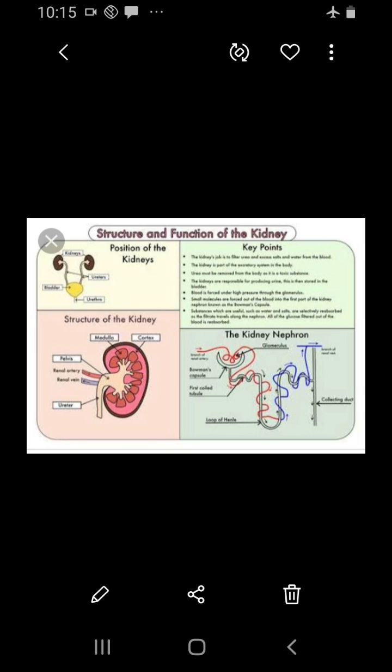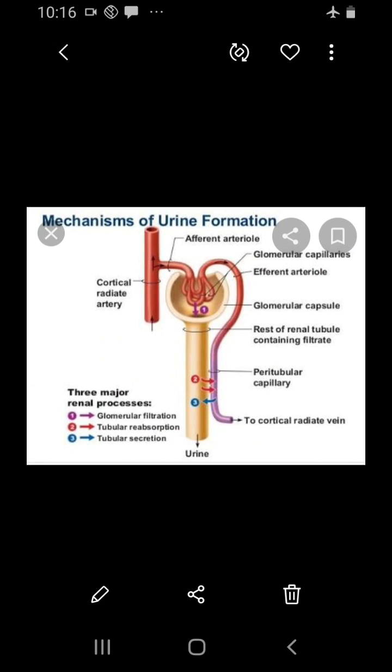Micturition is the removal or expulsion of urine through the urethra. A healthy, normal person excretes 1 to 2 liters of urine per day. Now let's see the mechanism.